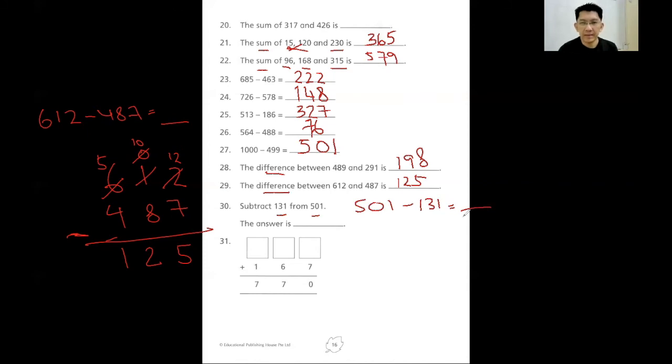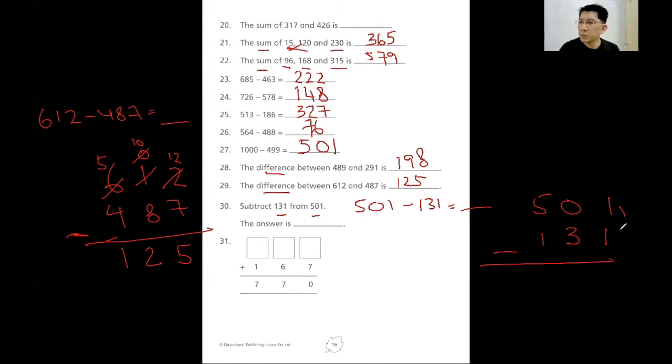If they say subtract a number from another number, meaning this number comes first. All right. So 501 minus 131, this is what we're going to do as usual. Subtraction, remember, we're going to put a minus sign here.